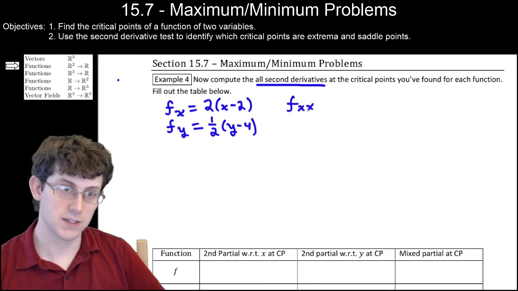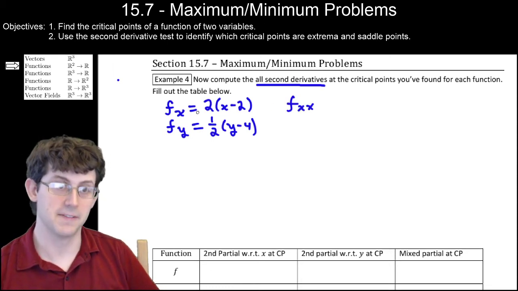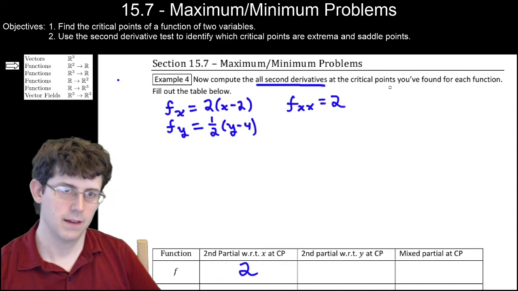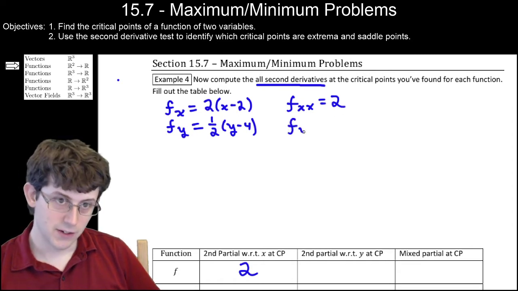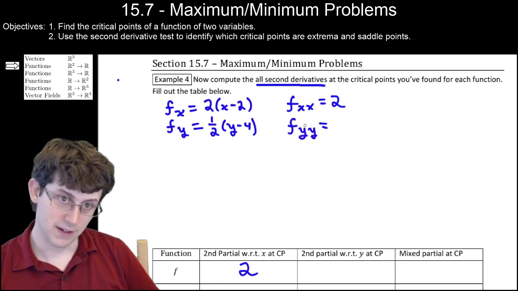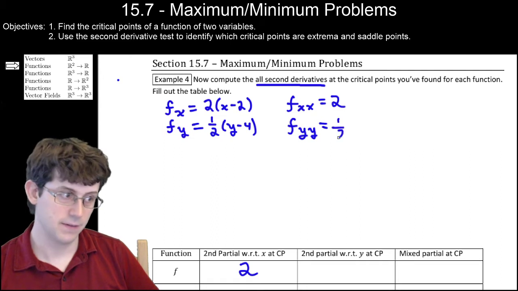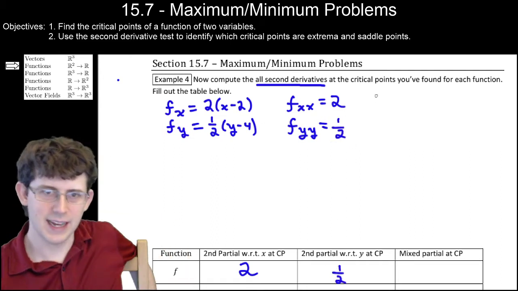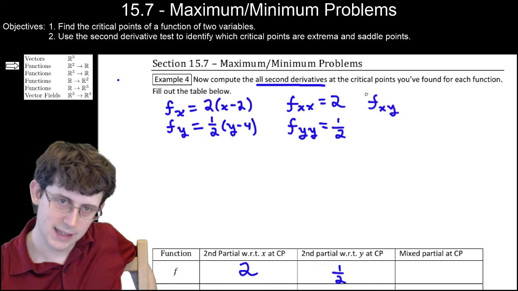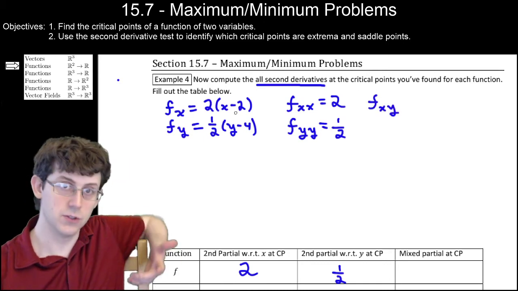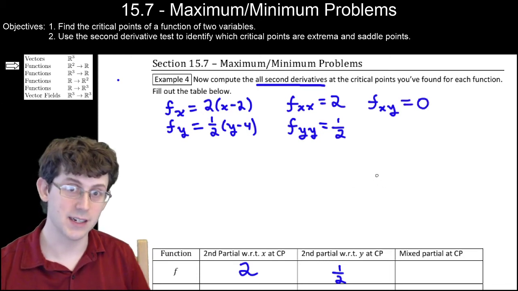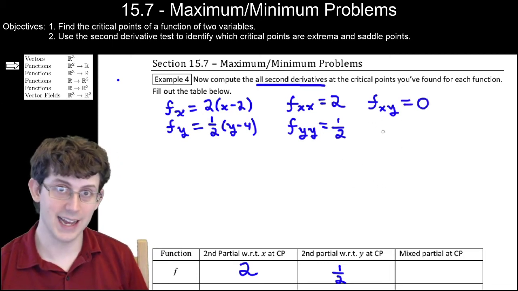This is the x partial derivative of the x partial derivative of f. So we take one more partial derivative of this one, and we get 2. The y partial derivative of the y partial derivative of f is a half. And if you find fxy, that would be the y partial derivative of 2x minus 2. That's 0.